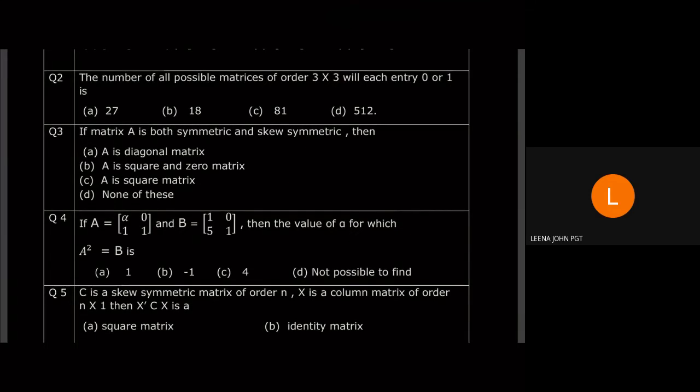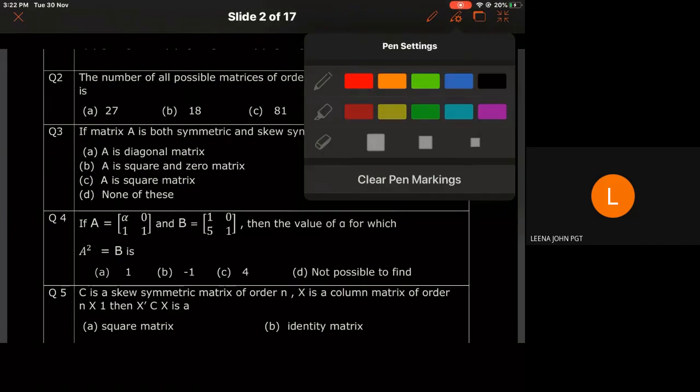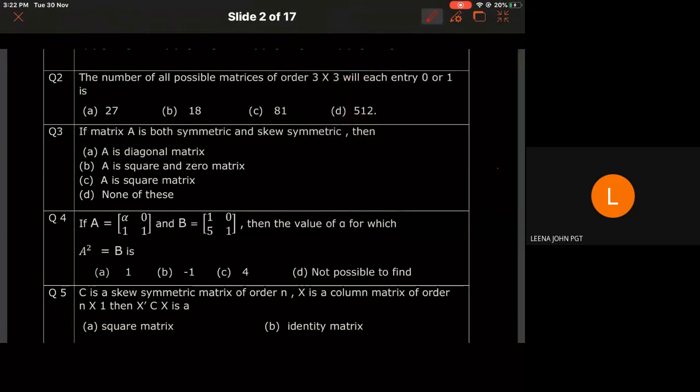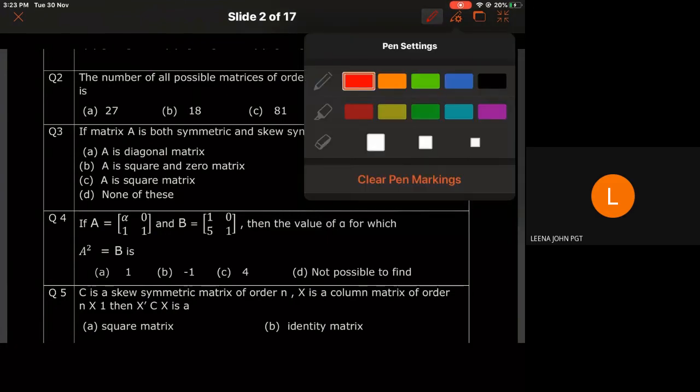Second one: the number of all possible matrices of order 3 by 3 with each entry 0 or 1. So it's a 3 by 3 matrix, and in a 3 by 3 matrix there are 9 entries, with each entry as 0 or 1.